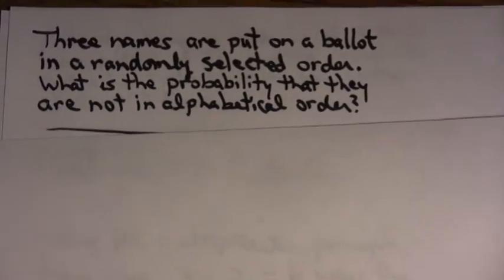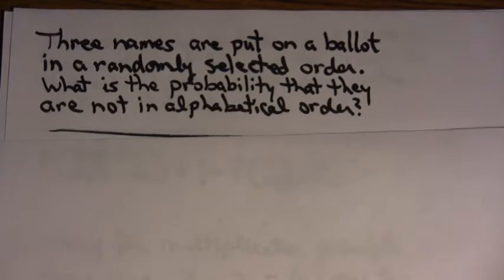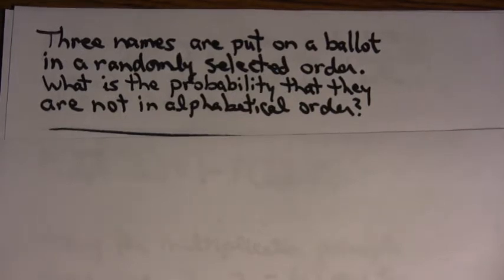Okay, how about another example? This time we put three names on a ballot in a randomly selected order, and I want to know what the probability is that they come out not in alphabetical order.